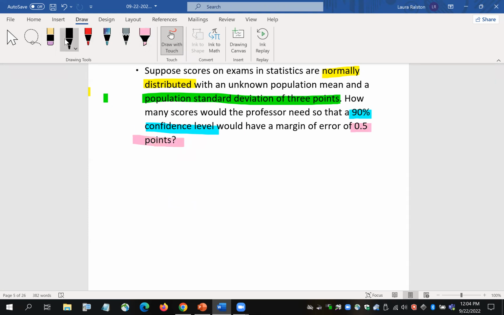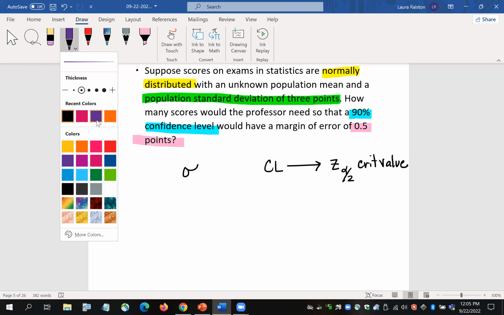So again, everything we need is given in the problem, because we need the margin of error, the population standard deviation, and the confidence level, because that confidence level is going to lead us to the critical value. Then from there, we're able to do the calculations because it's just a straight out plug and chug into the formula. So let's see.